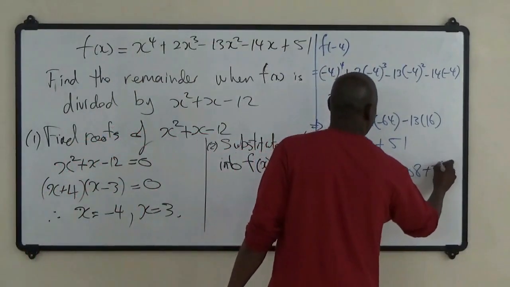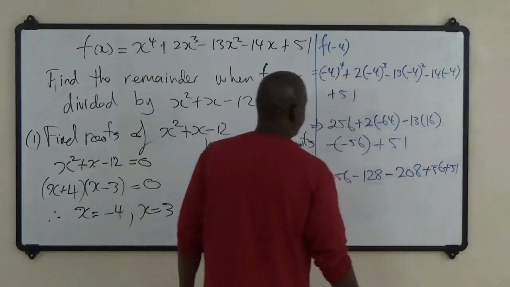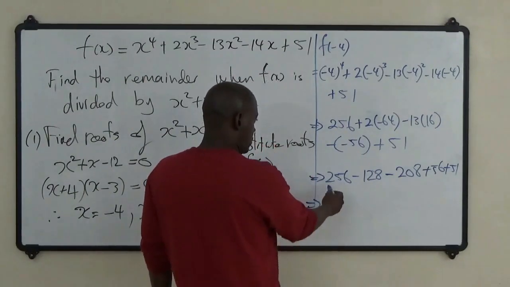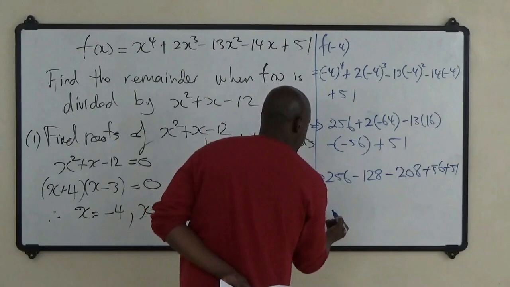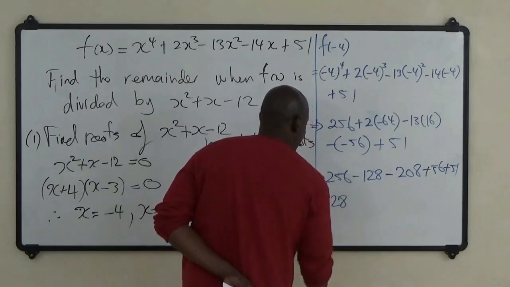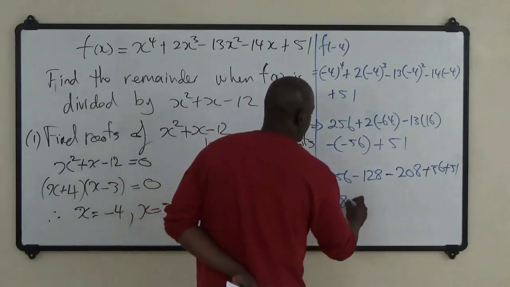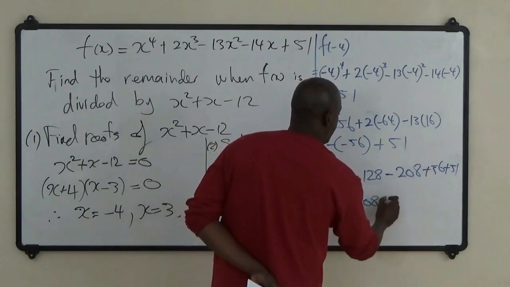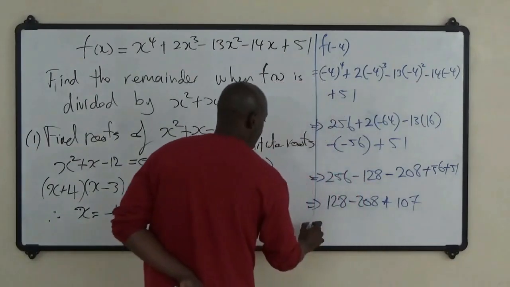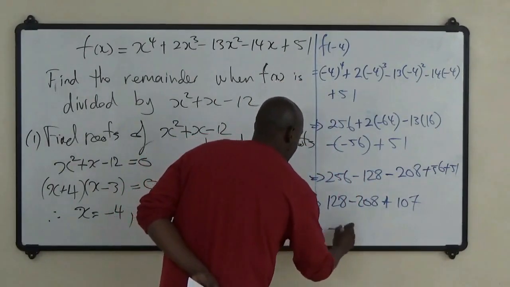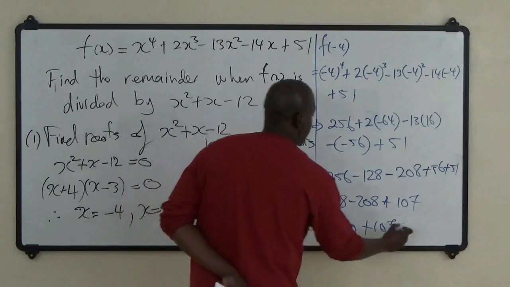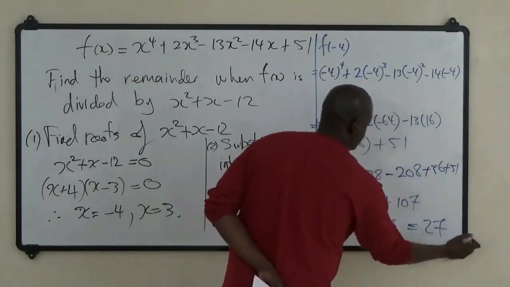Plus 56 plus 51. 256 minus 128 is 128. 128 minus 208 is minus 80, plus 107. 107 minus 80 is 27.